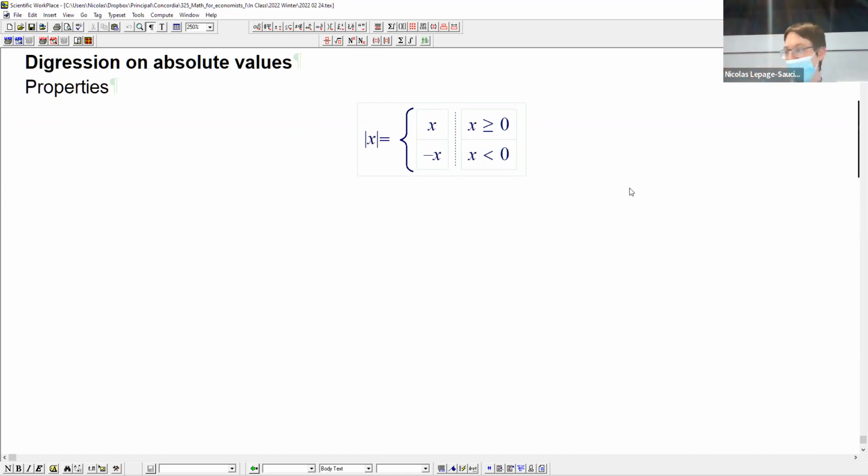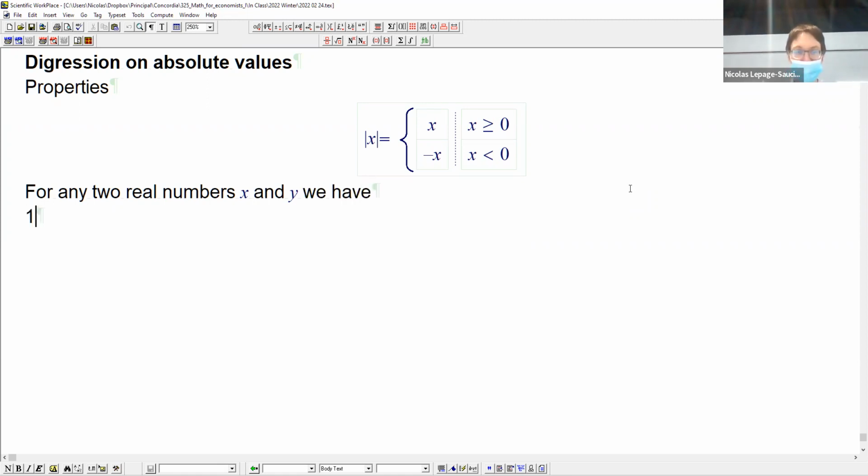So some properties for any two real numbers x and y. The absolute value of x plus y.